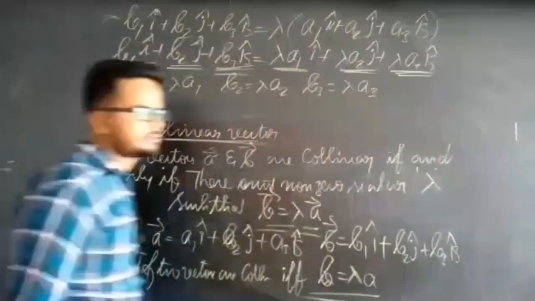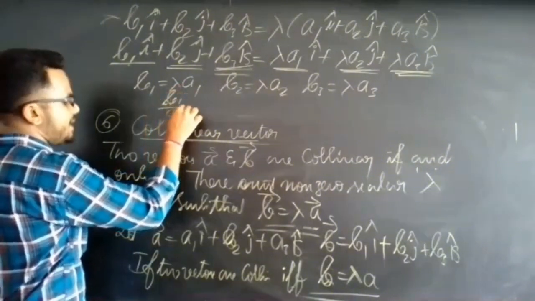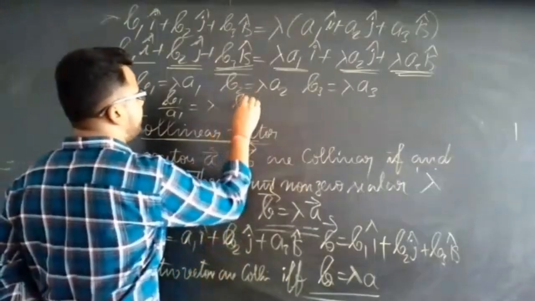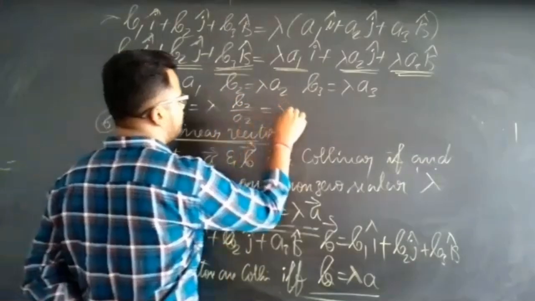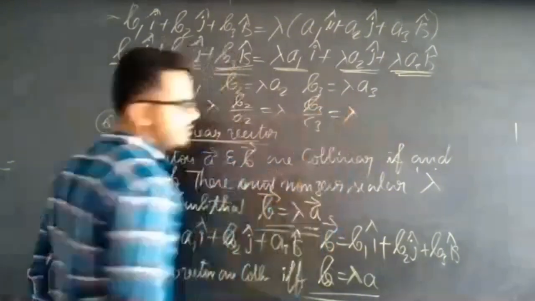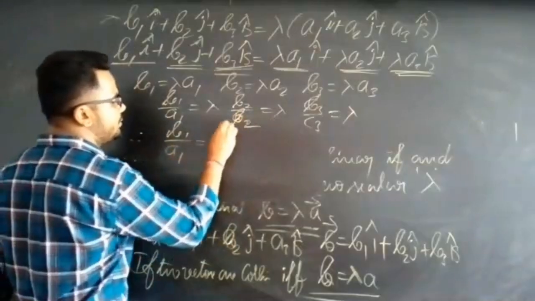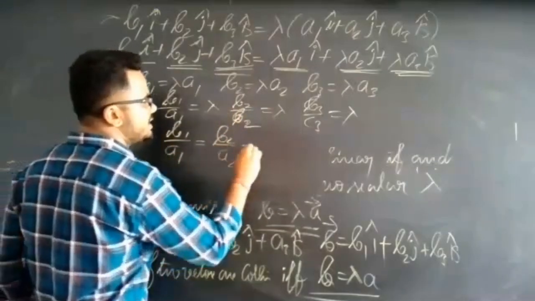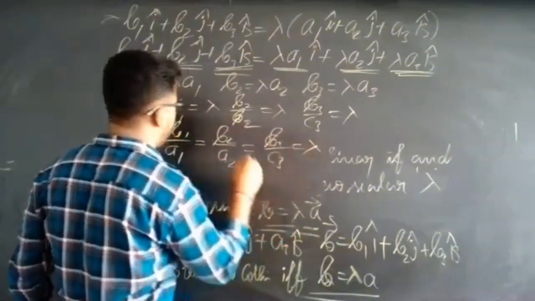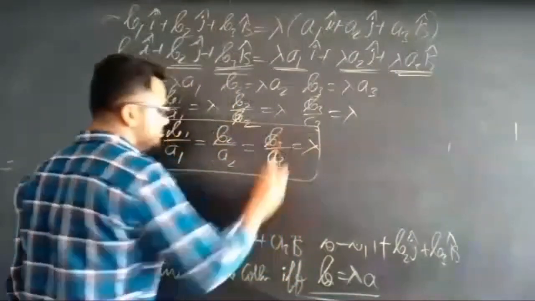So B1 by A1 is equal to lambda, B2 by A2 should be equal to lambda, B3 by A3 should be equal to lambda. Therefore, B1 by A1 is equal to B2 by A2 is equal to B3 by A3 is equal to lambda. Clear?